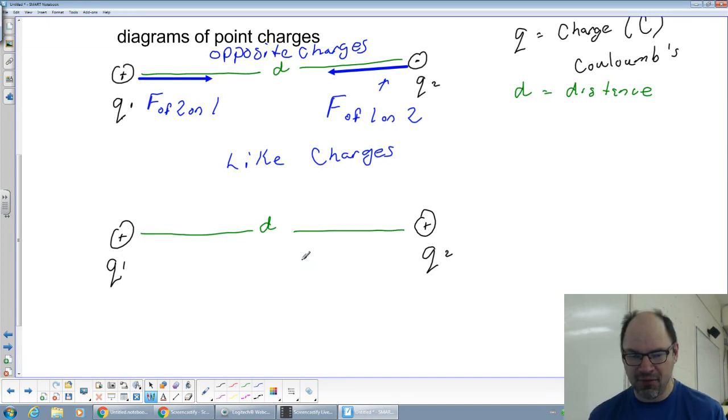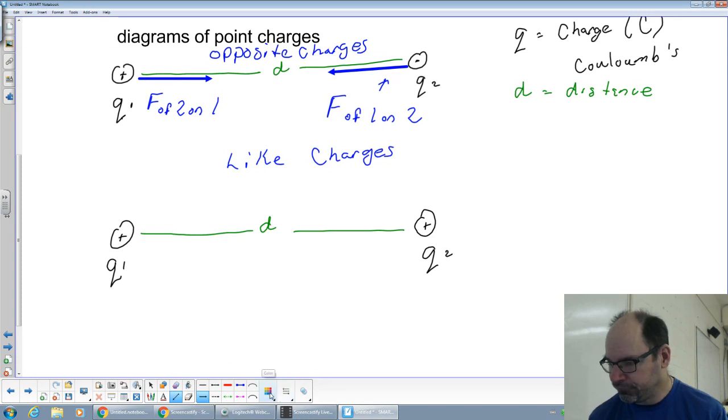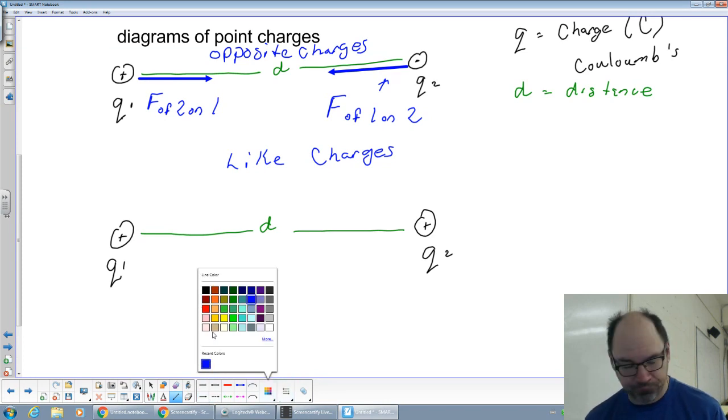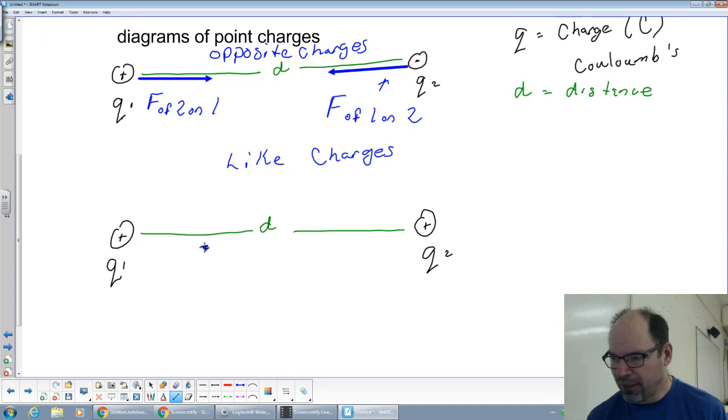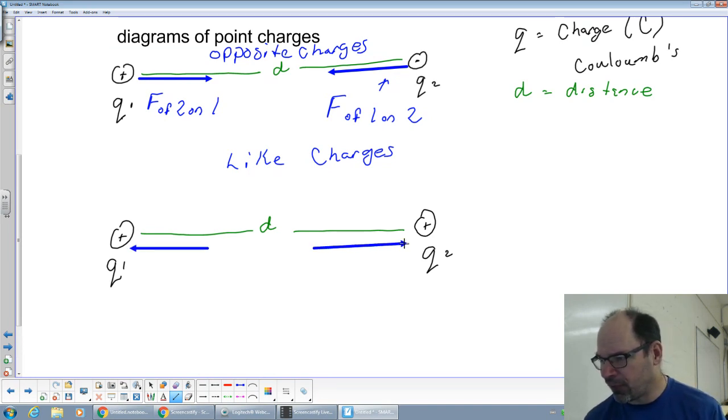But this time, this object pushes on this object away from it. So if we draw our arrows, we have this force going this way here, and this force going this way here.